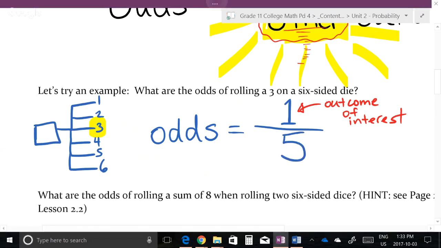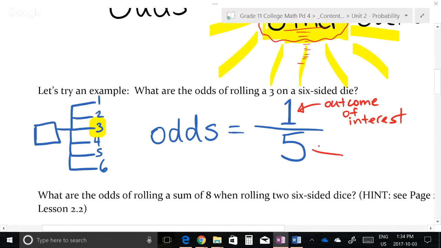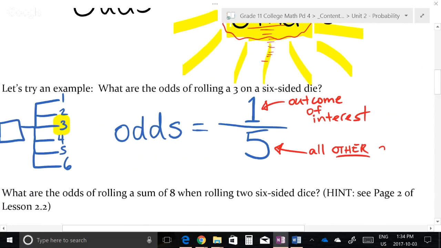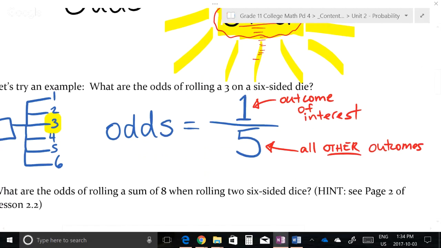Because 5 are all the other outcomes. Yeah, it's weird, right? Well, if you take out the outcome, that's right, you remove the one that you want. So on the top goes the ones that you want, and on the bottom goes the ones that you don't want.